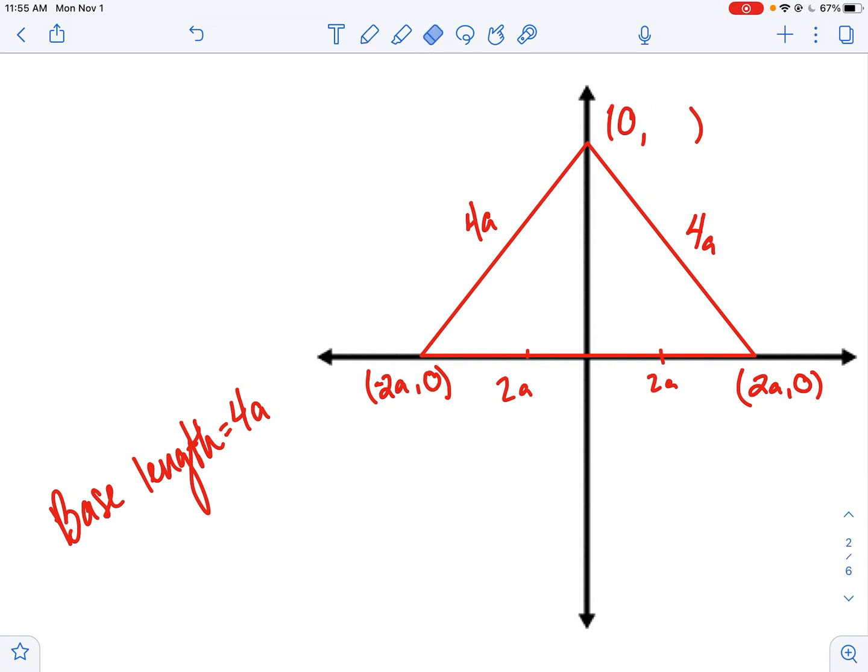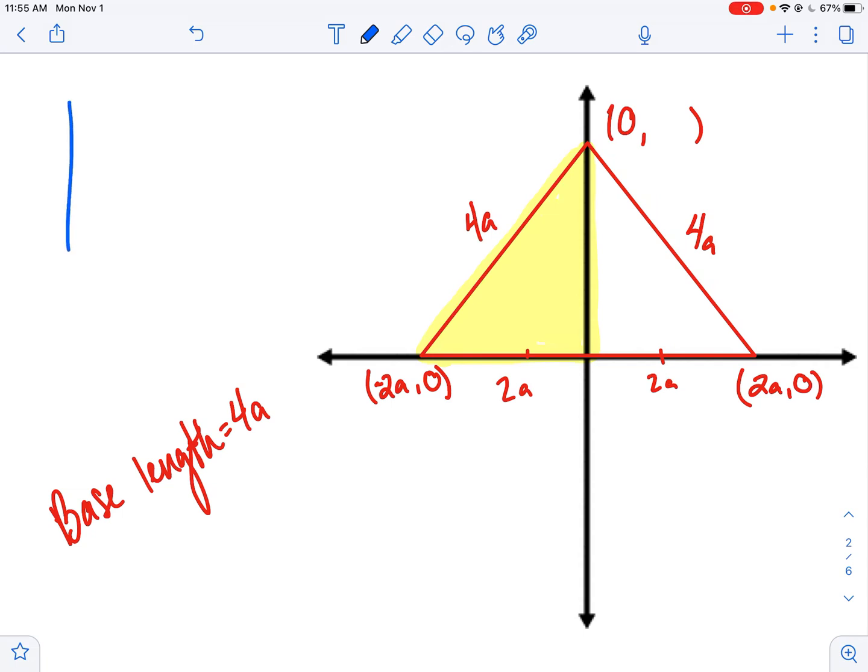We can't do that. What I need to do is figure out what is the height of this triangle. So I can split this up into a right triangle because I don't know the height of the triangle, but I do know the other two sides. I've got 2a and 4a.